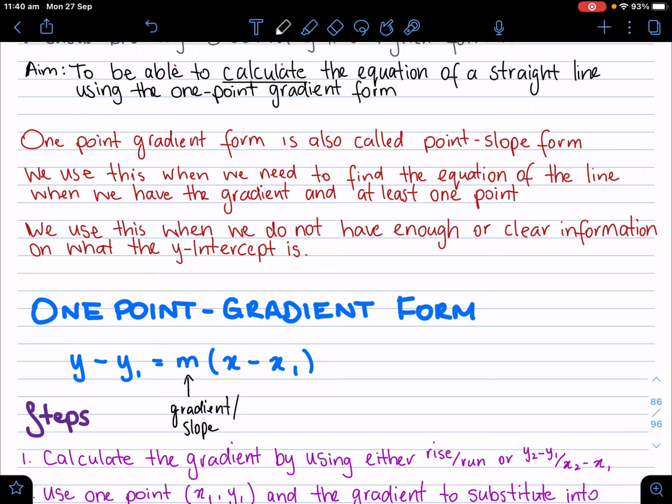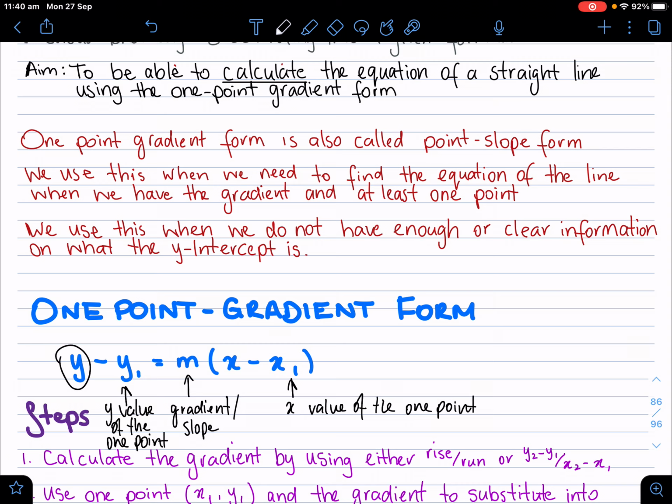And if you don't know how to calculate the gradient or slope, go watch the gradient or slope video. x1 is your x value of the 1 point, and y1 is the y value of the 1 point.